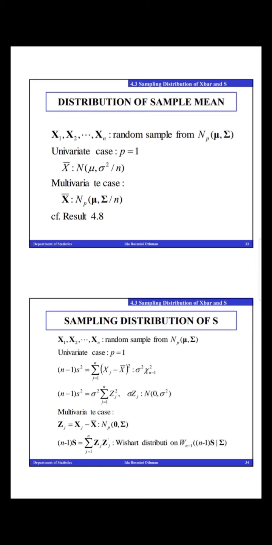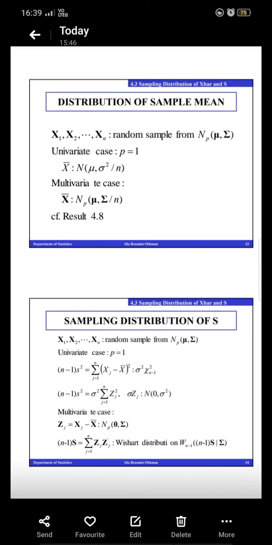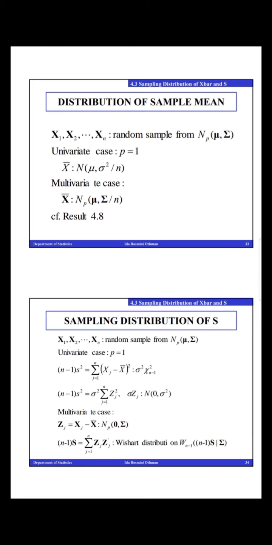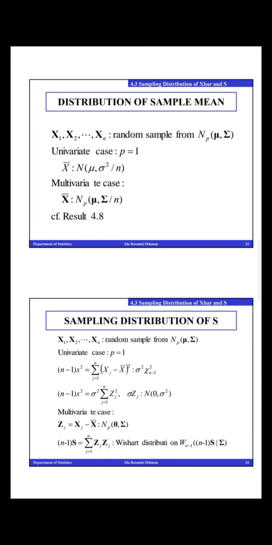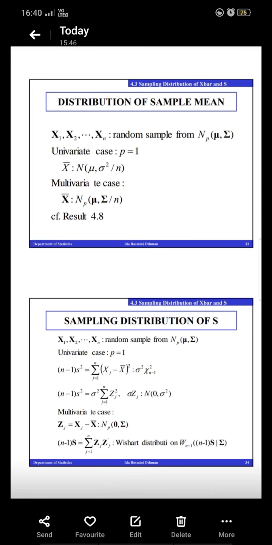So n minus 1 S will be a Wishart distribution with n minus 1 degrees of freedom. This Wishart distribution is the new distribution introduced in this chapter. There are two distributions that you need to memorize now: the distribution of the mean for the multivariate case, and the distribution of S, where n minus 1 S is a Wishart distribution with n minus 1 degrees of freedom.